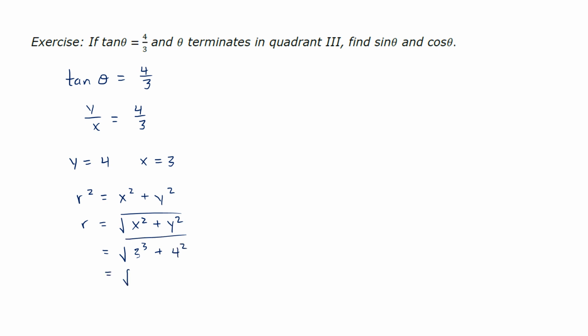So that's the square root of 9 plus 16, which is the square root of 25, which equals plus or minus 5. Now, we know r is distance, and distance is always positive. Therefore, we're going to use the positive 5 and not the negative 5.